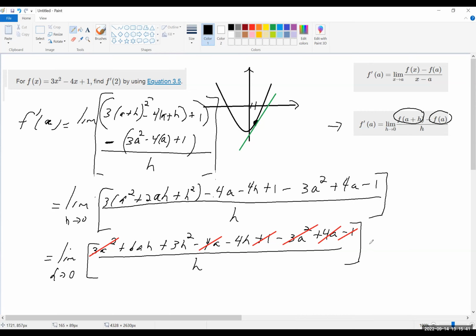That alone gives me some confidence that I did this correctly, because since I've got some items that have h in them, what I'm able to do is to factor out the h.